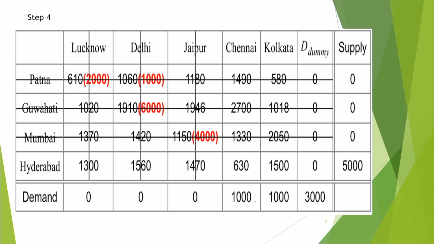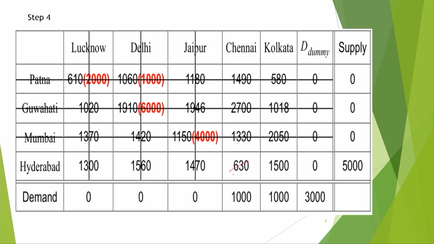Now you have to allocate, this is 5000 here. So maybe we can put 5000 here, and if you put 5000 here, then what will happen? No, you cannot put 5000, demand is only 1000 here.